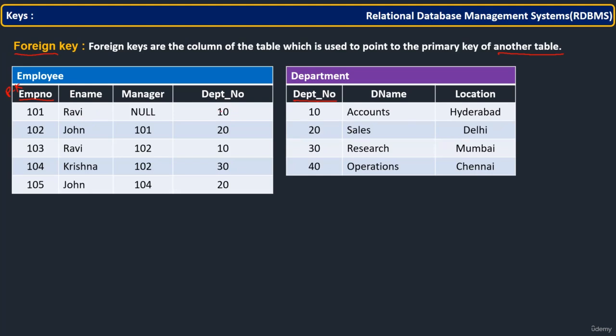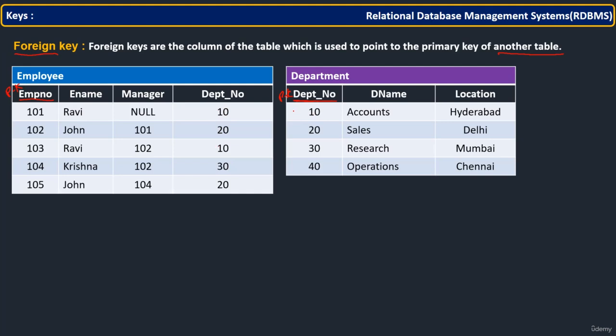Take that number 10, go to the department table, and find out he is working under the accounts department. This is the primary key in the department table, and you are referring to this information here, using this value from there.